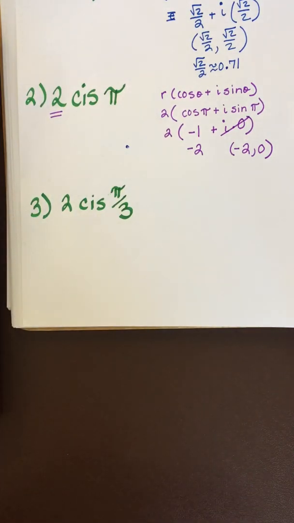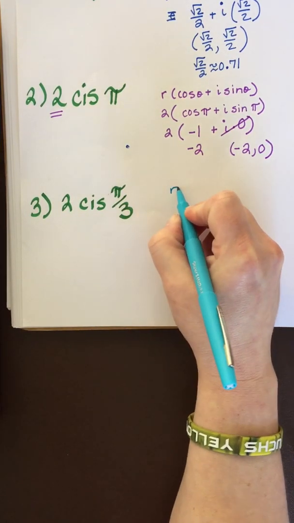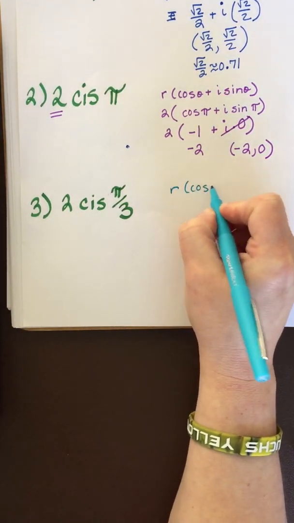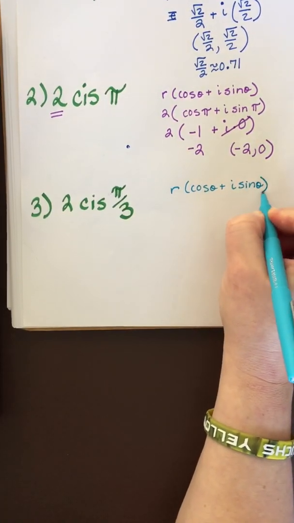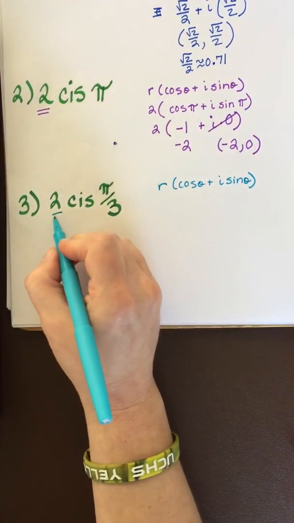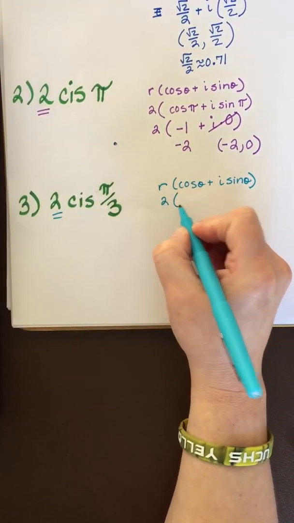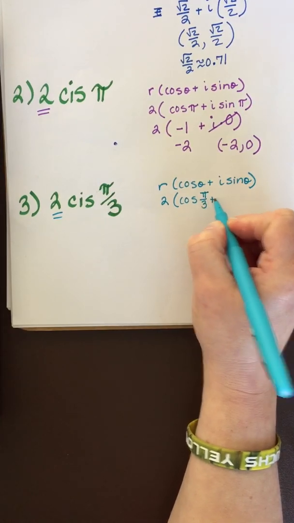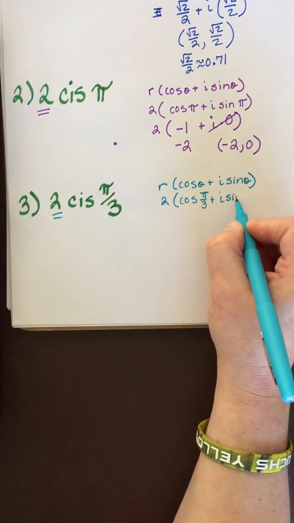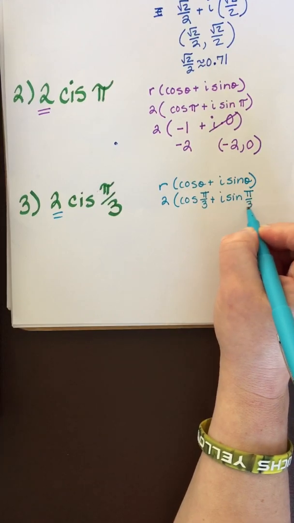For the last one, we have 2 cis pi over 3. So that would be r cosine of theta plus i sine of theta. And r again would be 2, so that's 2 times the cosine of pi over 3 plus i times the sine of pi over 3.